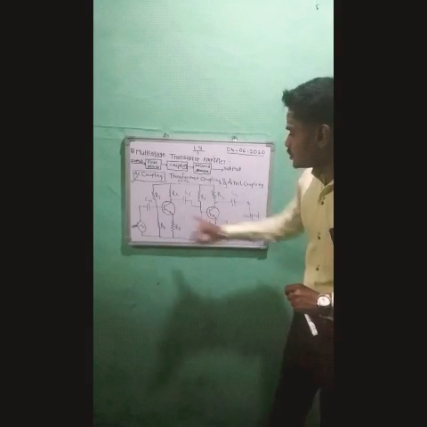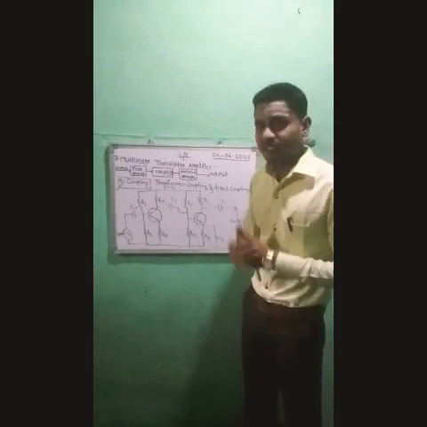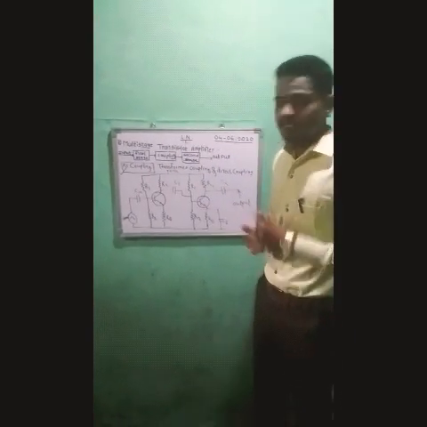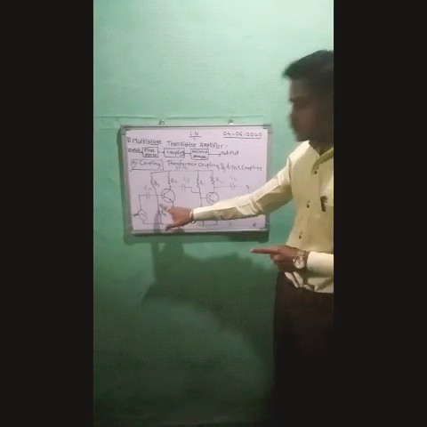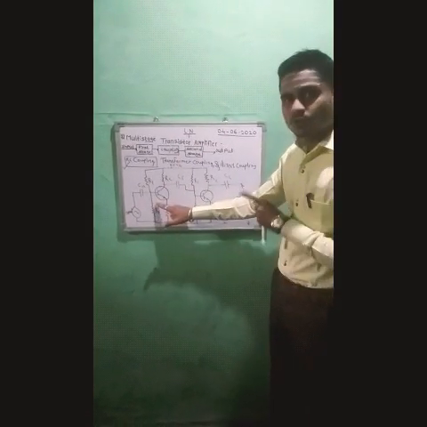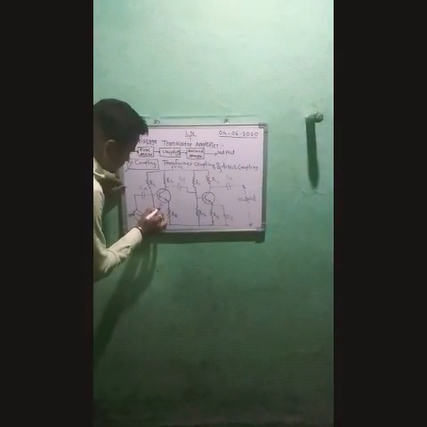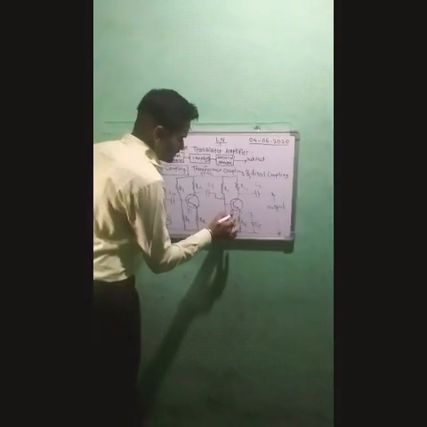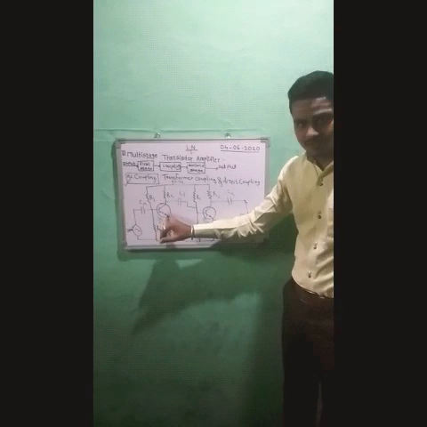In this diagram, a two-stage RC coupled transistor amplifier, there are two transistors. Suppose this is transistor Q1 and this is transistor Q2. If the signal is applied to transistor 1.